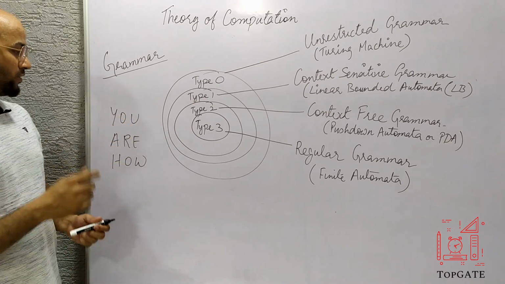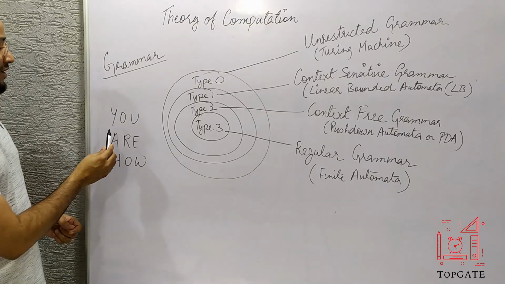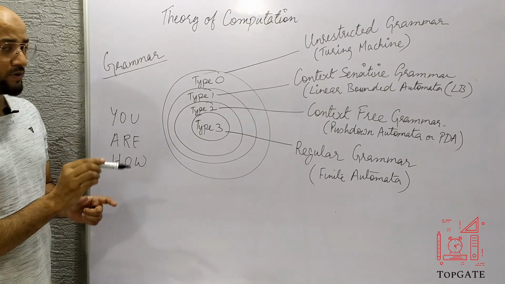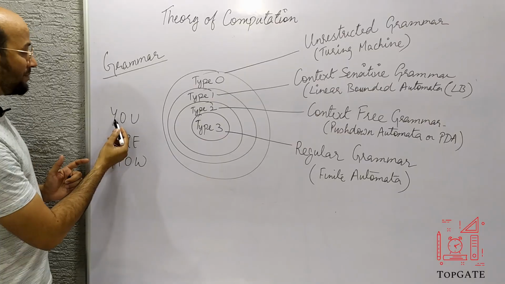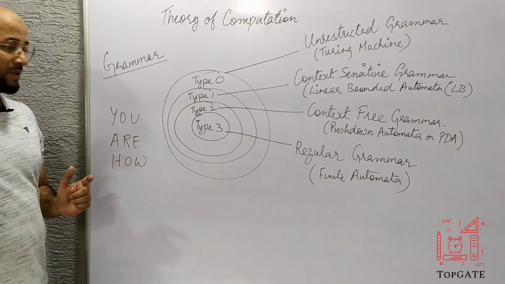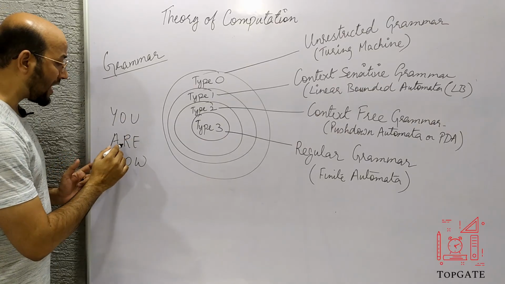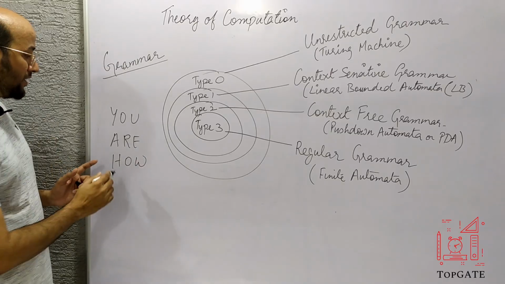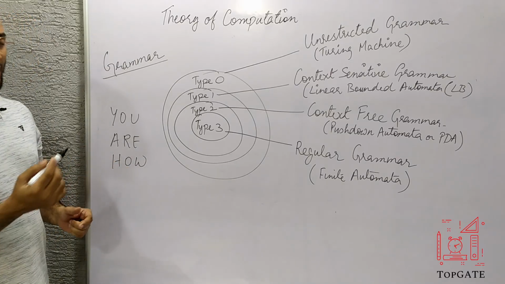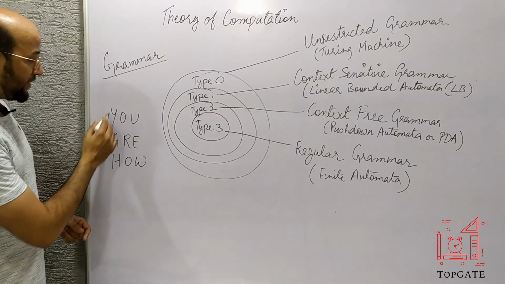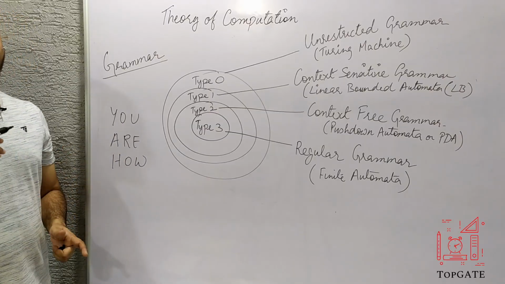So you will go to the dictionary, and in that dictionary you will compare all those words stored in that memory with the words that I have given to you. That is, you will compare U with the words stored there in the memory. You will compare ARE with the words stored in the dictionary. You will compare HOW with the words stored in the dictionary. If you find a match, you will tell me that these words belong to the English language.